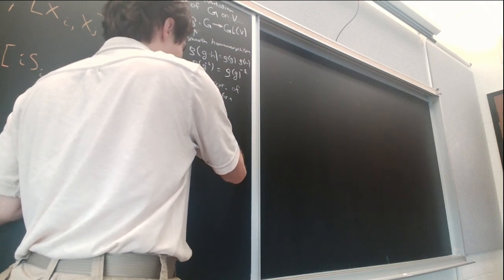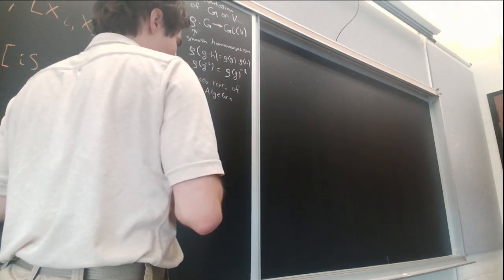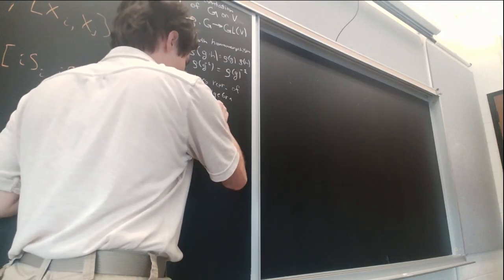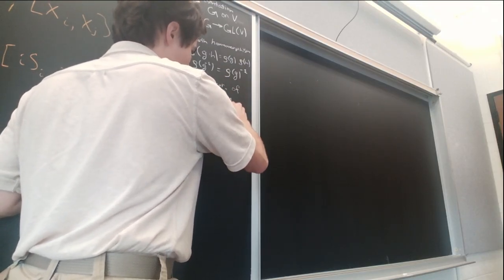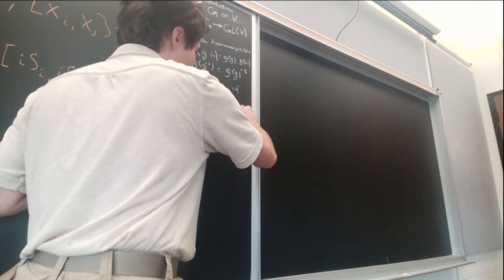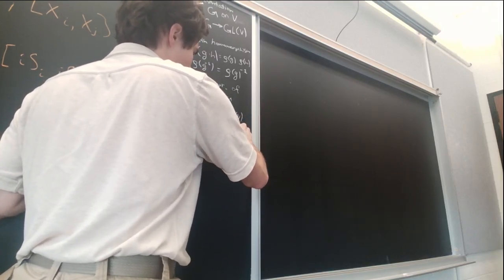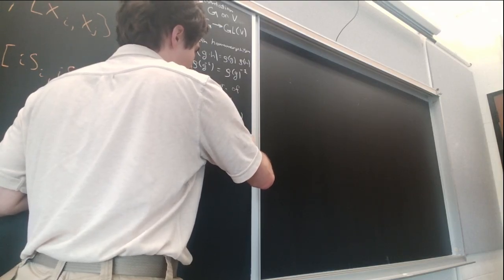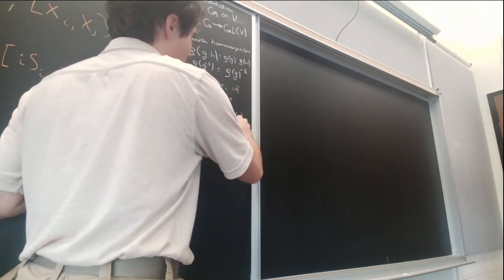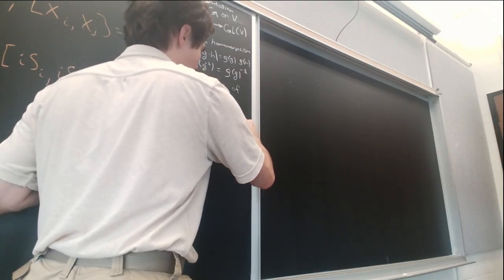I'm going to denote this with a little star at the bottom, rho star. So it's from the Lie algebra into the endomorphisms, and in fact this is just the Lie algebra of GLV.